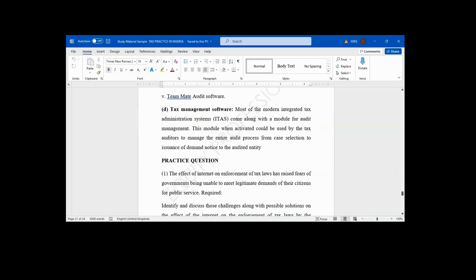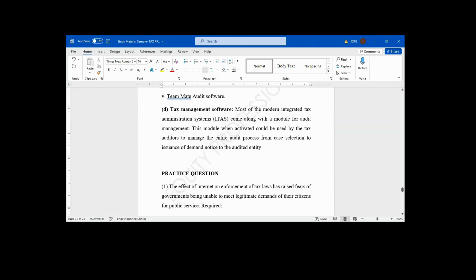Another technology used is called task management software. This task management software is the integrated tax administration system deployed by who? FRS. It is called Tax Promas.